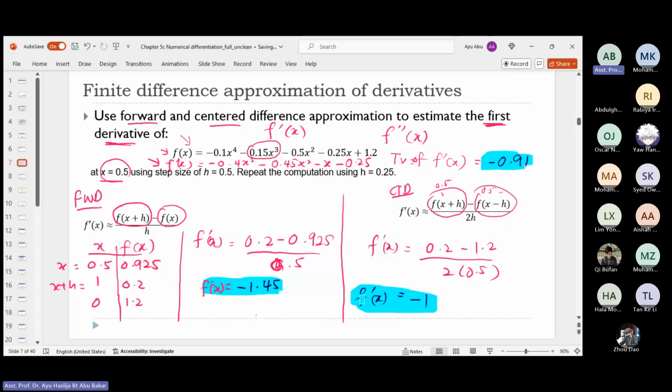So that is why centered in the previous slide is second order. This one is a second order approximation, higher order. So you see the true error is lesser compared to forward.